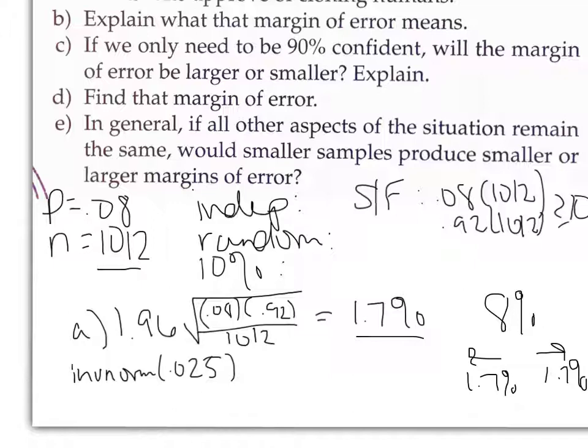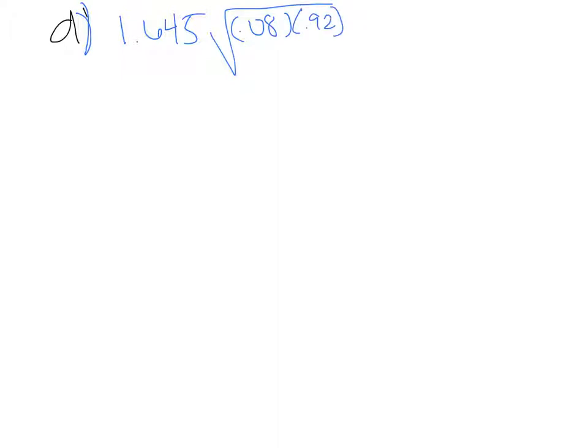D says to actually find that margin of error. So I'm going to flip to a new page and actually calculate that. If you were to go in your table or in your calculator and look up the z-score for 90% confident, it would be 1.645, and then it's the same square root of p q over n, and that margin of error would come out to be 1.4%.